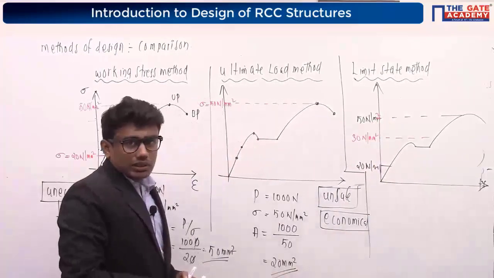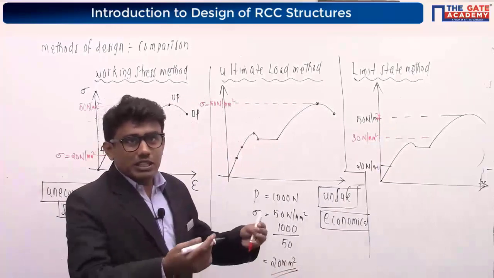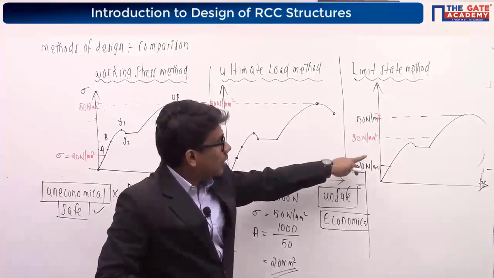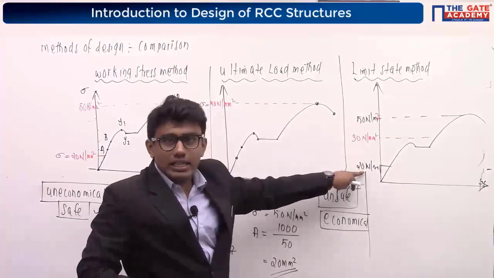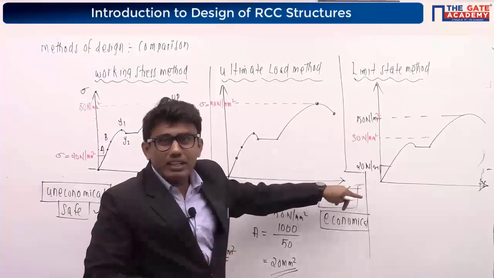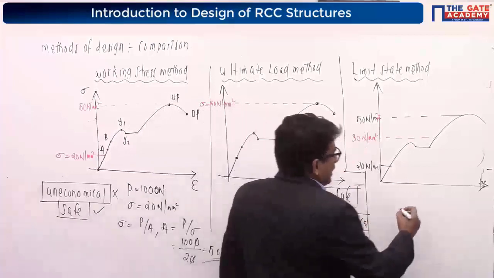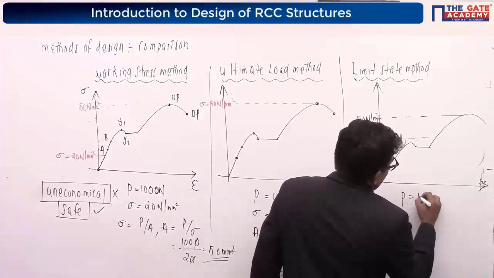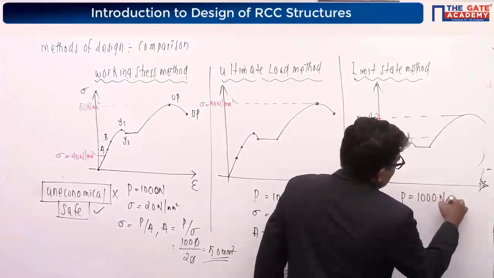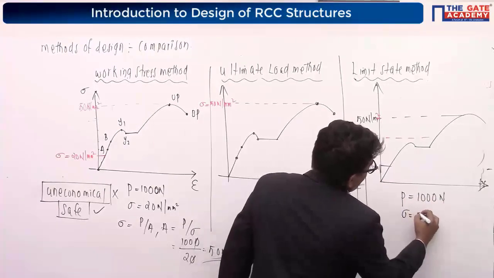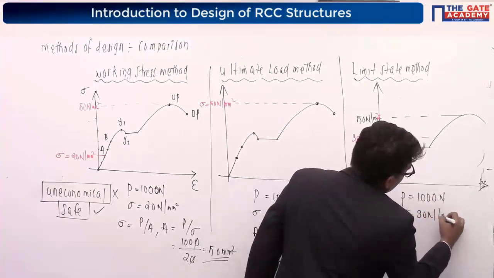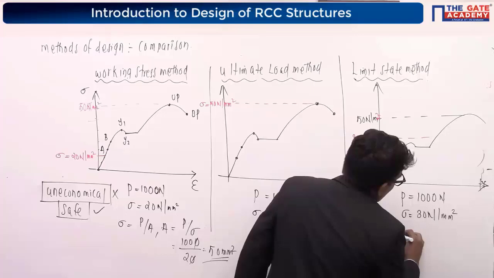In the limit state method, I will be taking a stress value between the ultimate stress value and our linear elastic value. Then I am taking it around 30 Newton per mm square. The mild steel bar has to take the same load, that is 1000 Newton. The stress value taken here is around 30 Newton per mm square. What is the area required here?